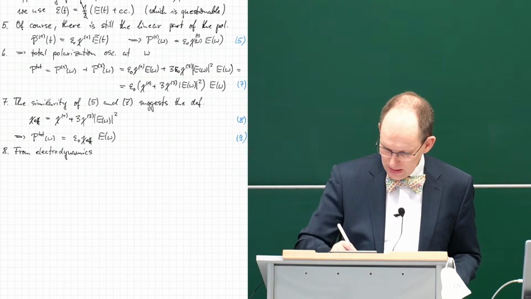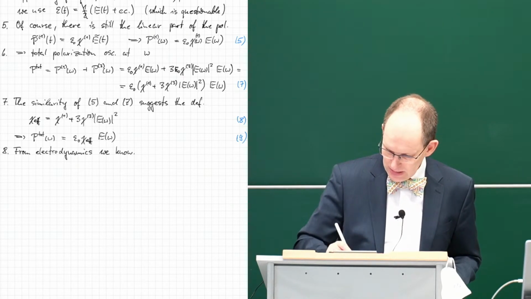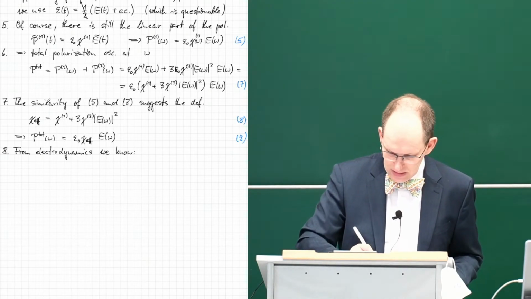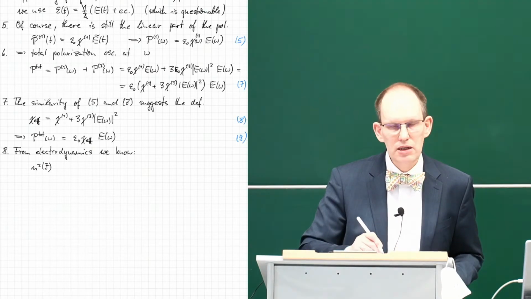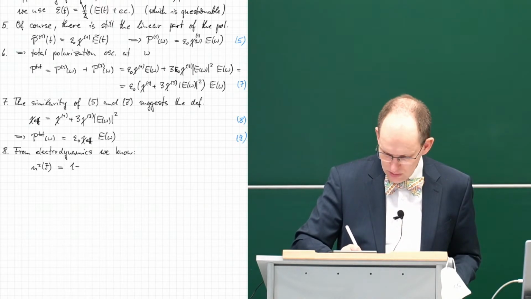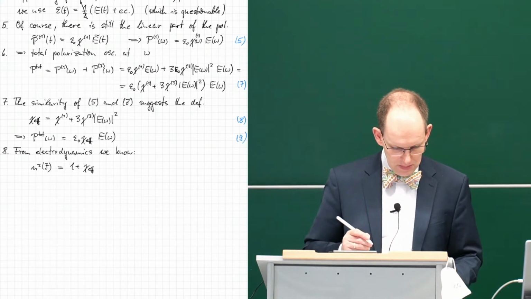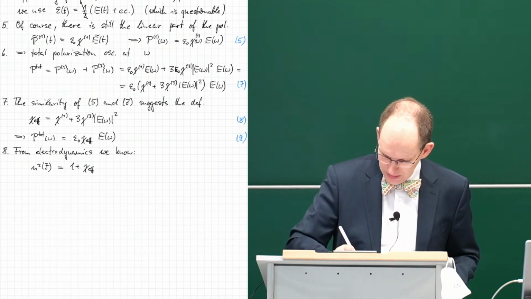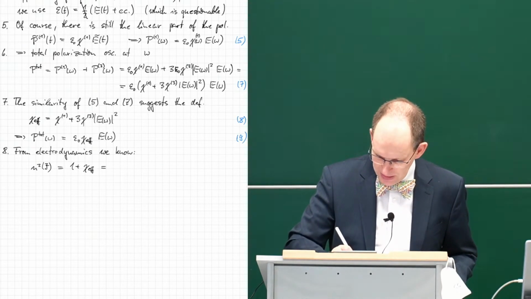So from electrodynamics, we know that the refractive index squared, here it will depend on the intensity, but never mind, is equal to 1 plus the susceptibility, and here it's the effective susceptibility. And now we expand it again.